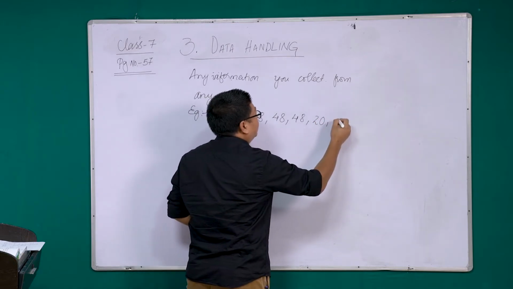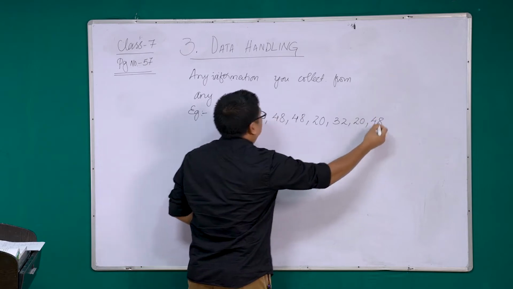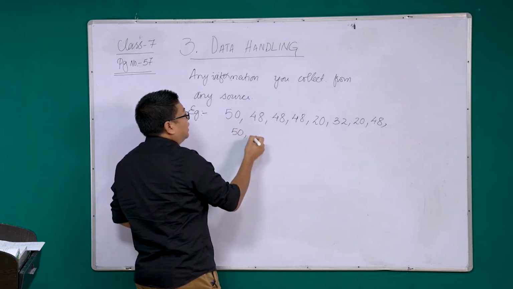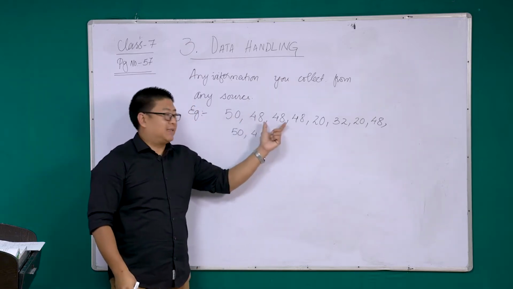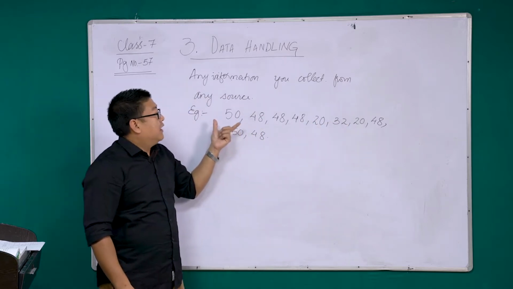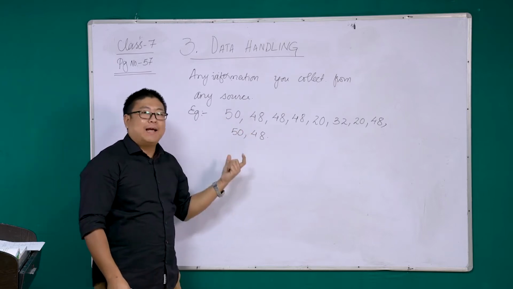Let's say 20, 32, 20, 48, and then 50, another 48. Let's say that we have this data with us. Let's take this and organize it into a table.